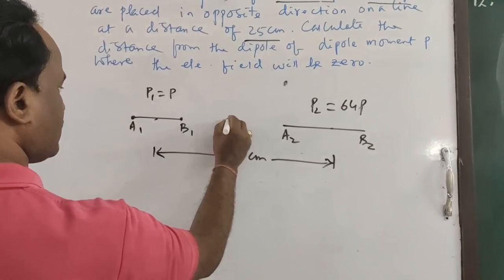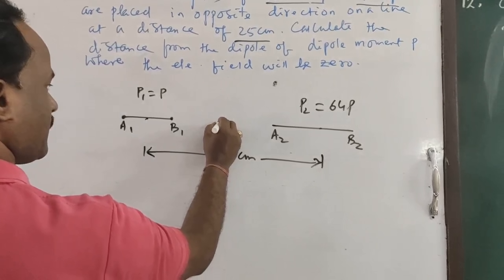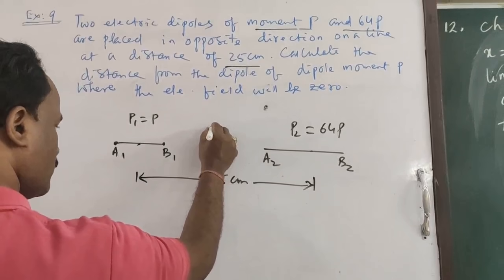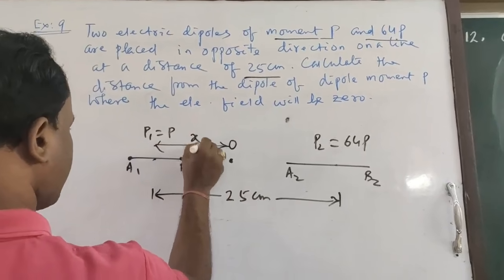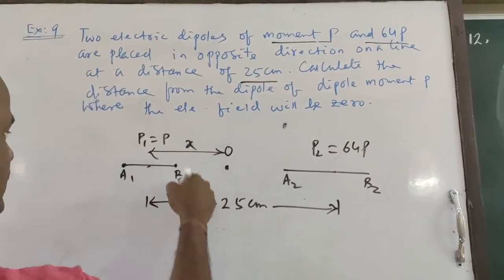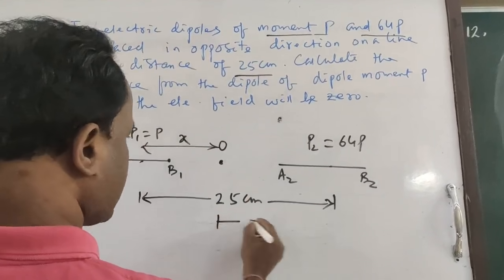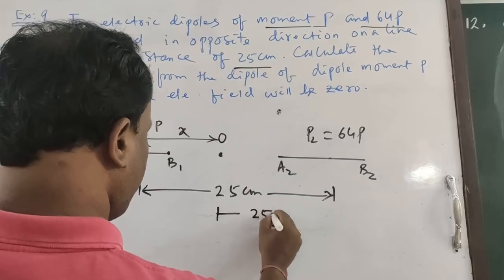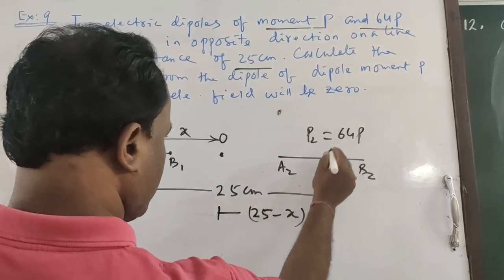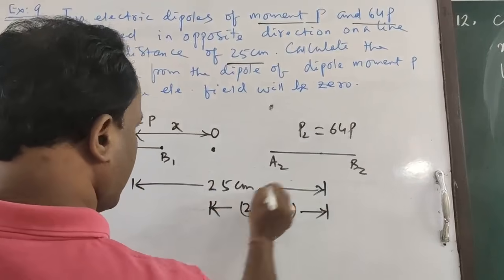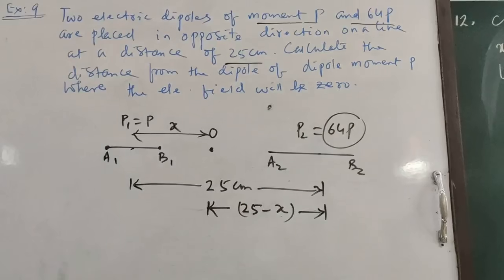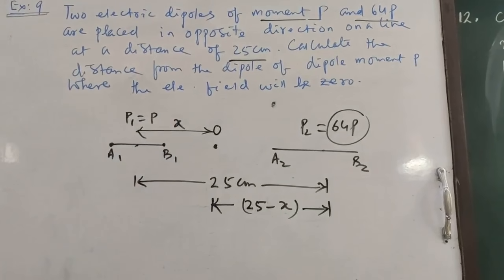See, these are separated, so choose a point. Suppose the point is O, which is at a distance x from the center of the first dipole, and obviously that point O is at a distance of 25 minus x from the center of the second dipole of dipole moment 64P. Your aim is to find out x.